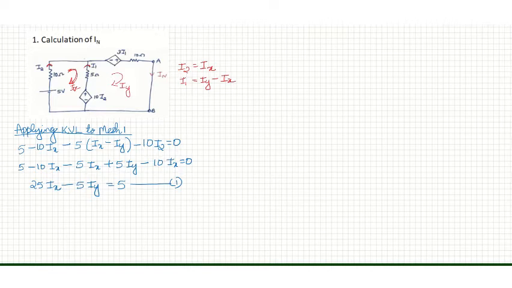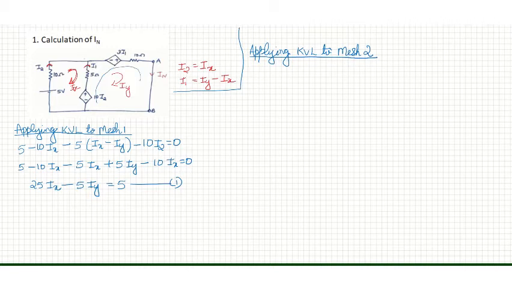Then apply KVL to the second mesh. While applying KVL to the second mesh, we are writing the equation in this direction. So 10I2 minus 5 into (IY minus IX) plus 3I1 minus 10IY is equal to 0.